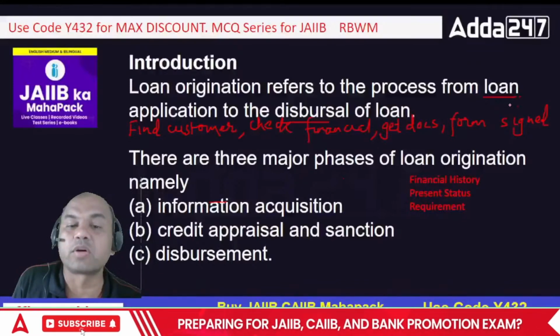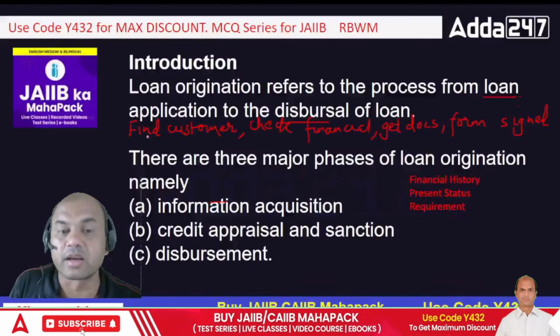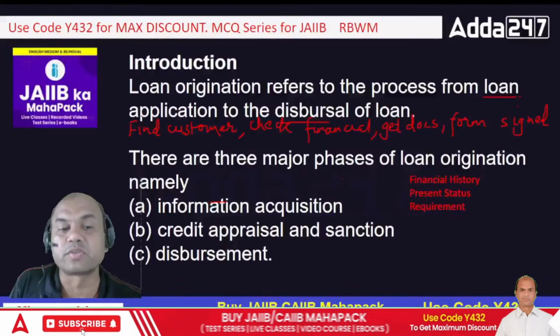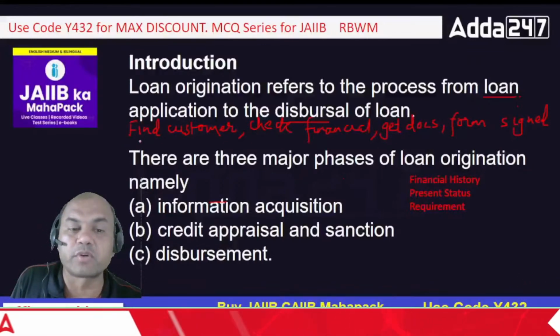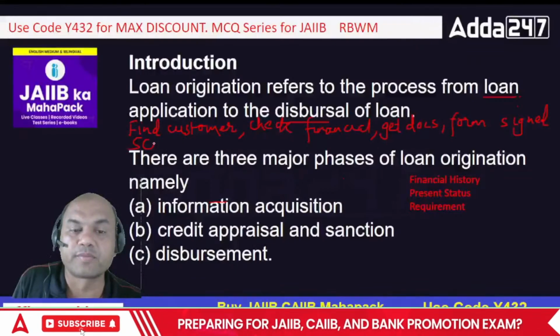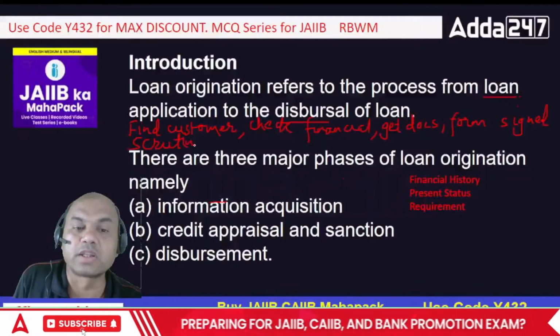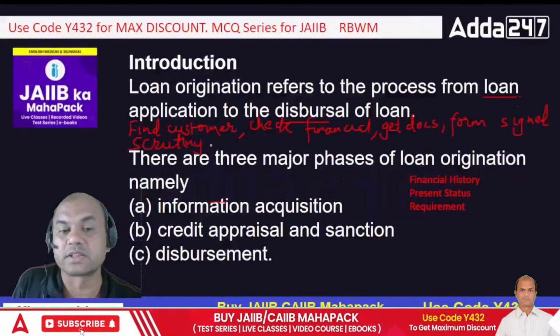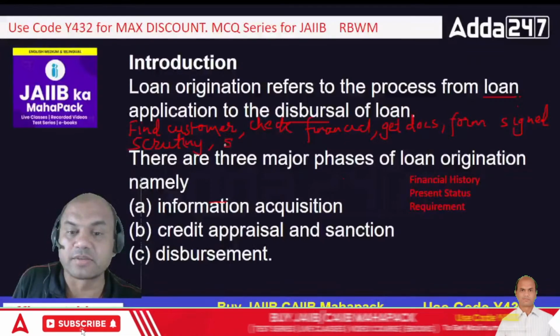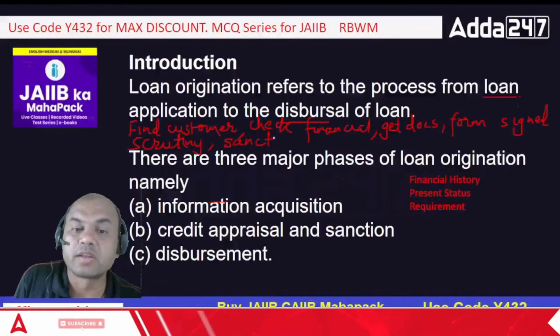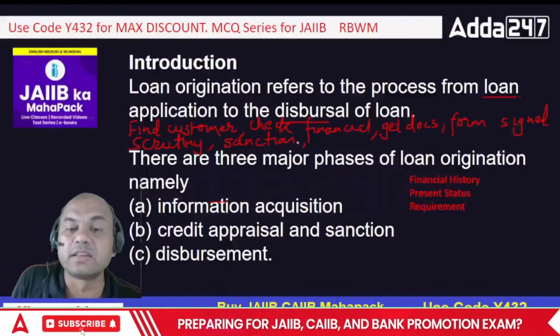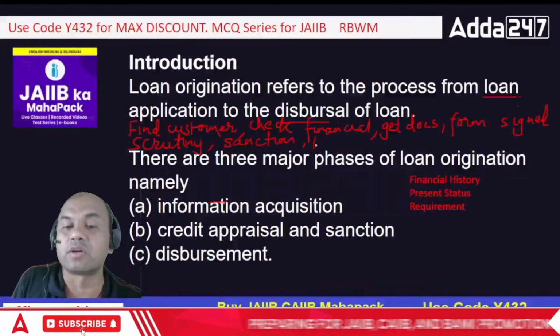Then after that what? After that checking the actual ratio analysis which we do. Okay, scrutiny of docs. So scrutiny. This will be the part of this. Then sanction. After sanction, legal terms and conditions, legal docs.